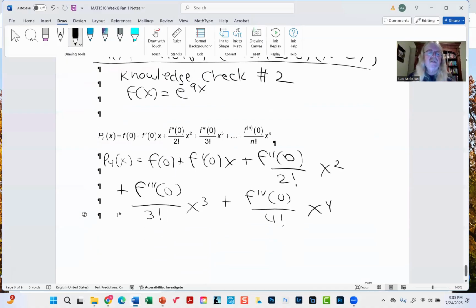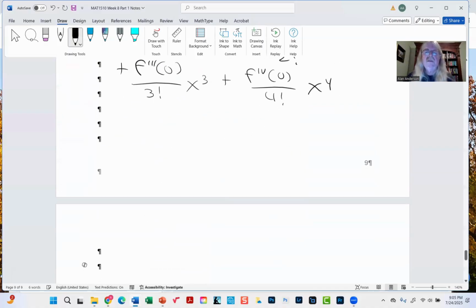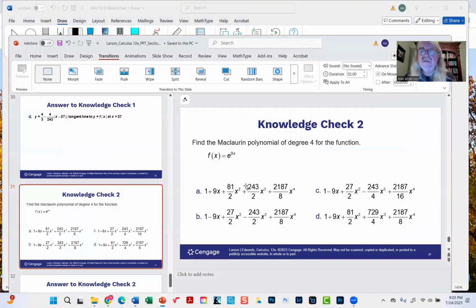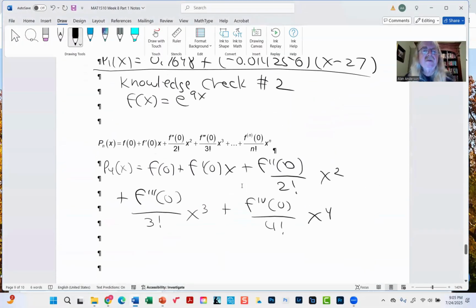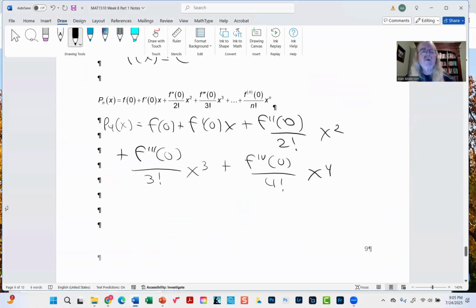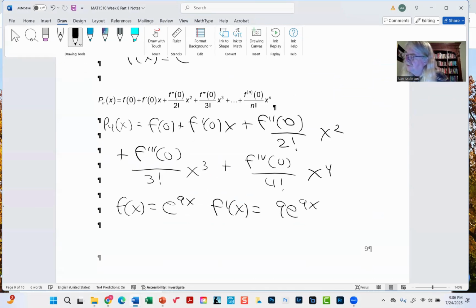Okay. Now we just plug them in. And first we need the derivatives. Now, f prime of x, because of the chain rule, this is 9e to the 9x.